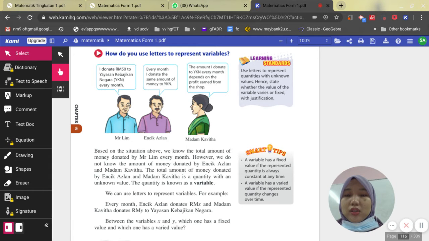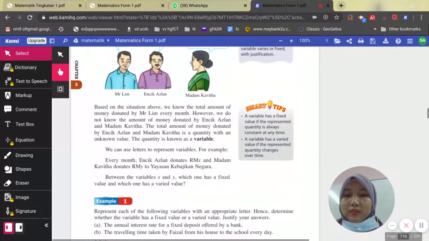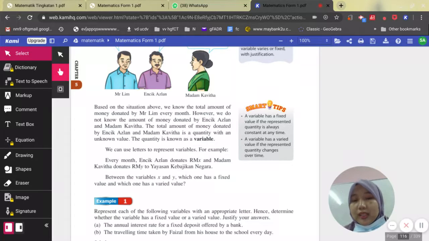Okay, so anything that is unknown, yang kita tidak tahu, we use a variable to represent. Let's hear the statement here. Every month Encik Azlan donates RMX.